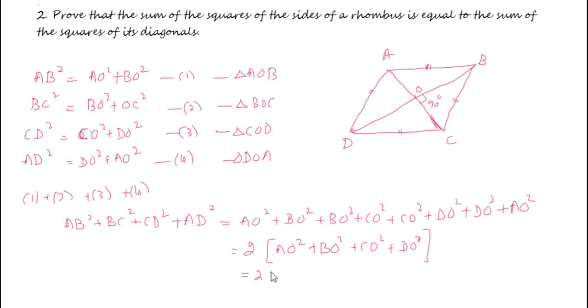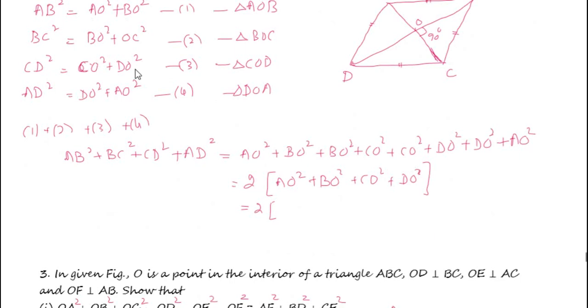is equal to 2 into AO square. I said diagonals bisect each other at 90 degrees. So AO is half of AC. So I will write AO as half of AC. So AC divided by 2 whole square plus BO.